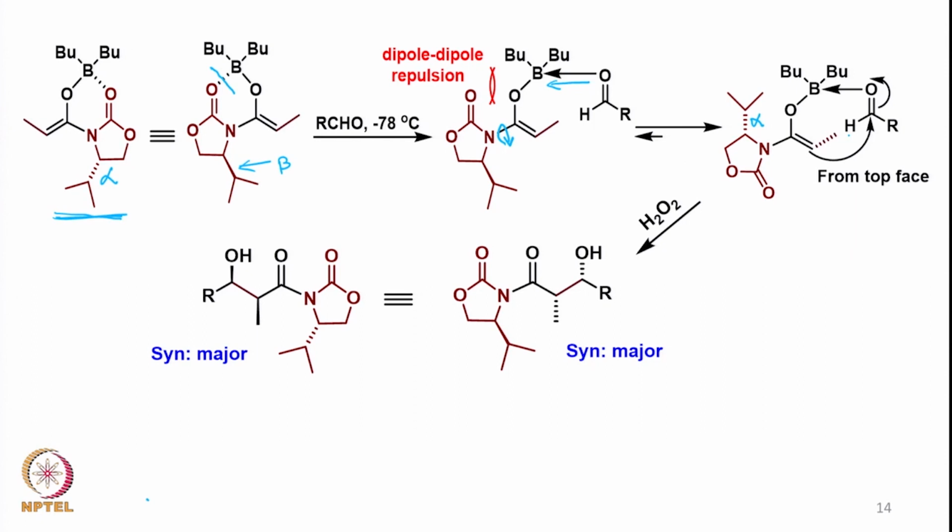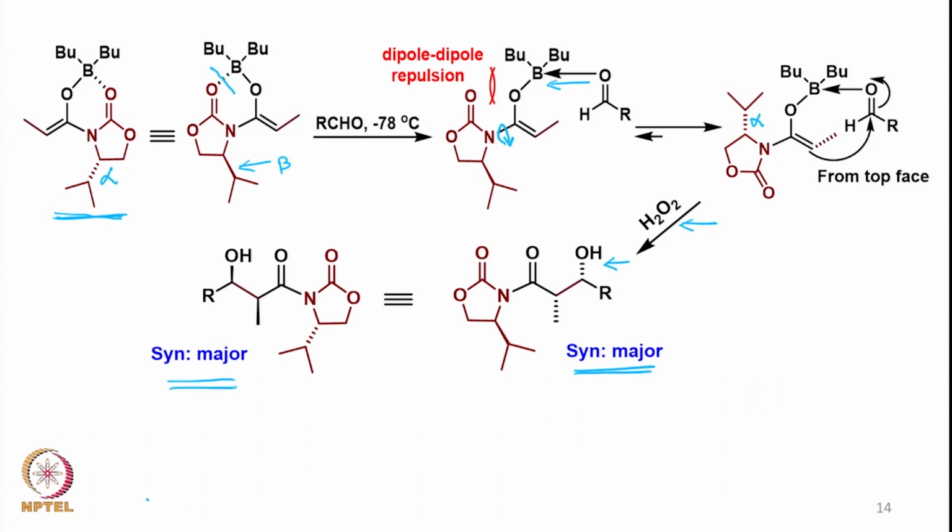And if that happens, then of course the boron will be transferred to the oxygen, and this oxygen-boron bond is now broken by the oxidation with hydrogen peroxide, and then of course the boron is taken out of the system, and oxygen comes out in the form of OH and is released as the corresponding aldol. Of course, we can write the same thing in a different form by just turning around by 180 degrees. So, this is how the syn-aldol is formed as the major product.